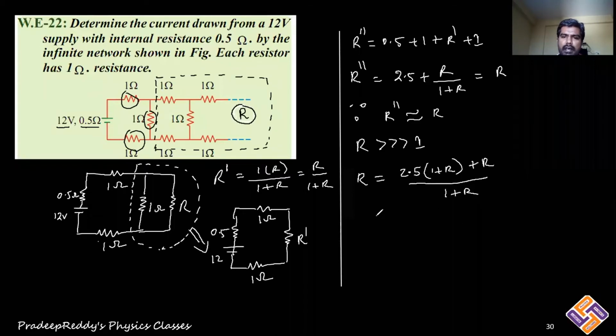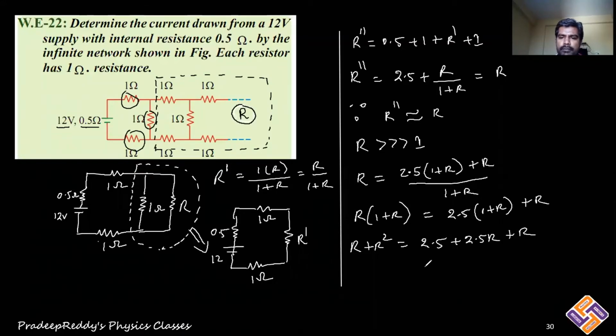This becomes R into 1 plus R is equal to 2.5 into 1 plus R plus R. Now multiplying this, it is R plus R square is equal to 2.5 plus 2.5 R plus R. Now R and R get cancelled, so finally it is R square minus 2.5 R minus 2.5 is equal to 0.